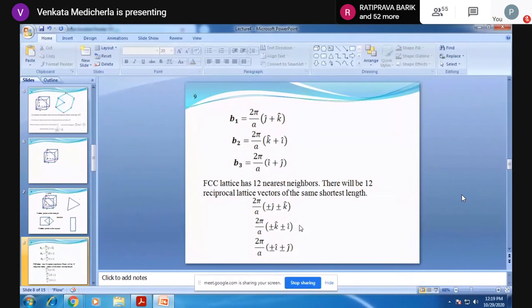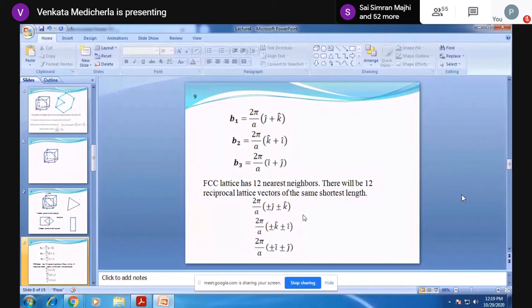So if you take those B1, B2, B3 primitive vectors and make it plus minus.